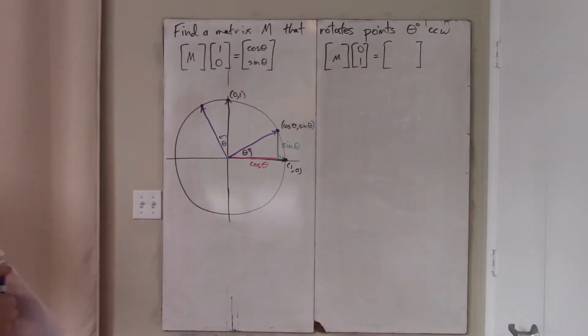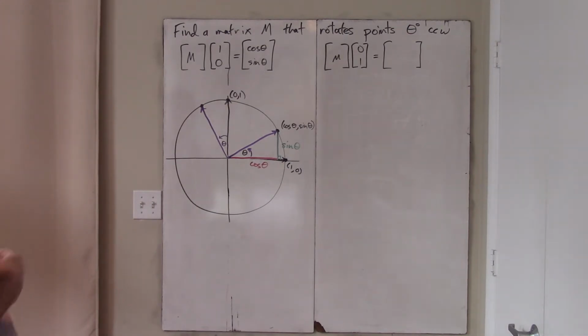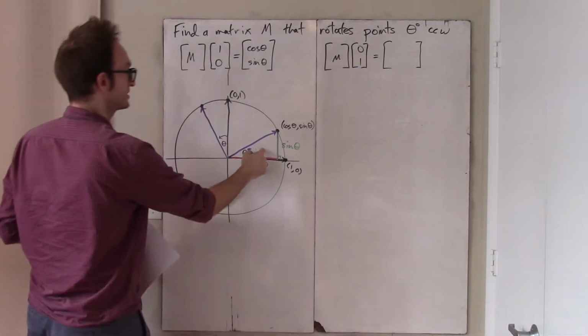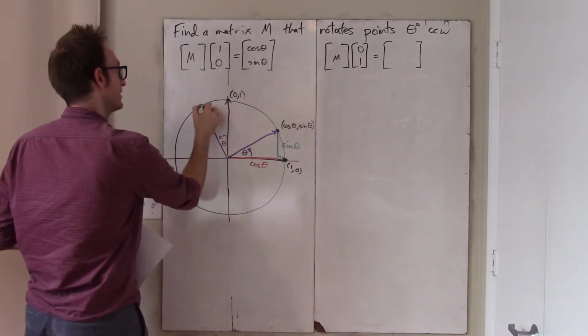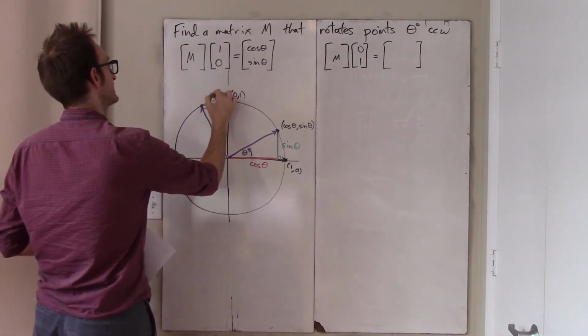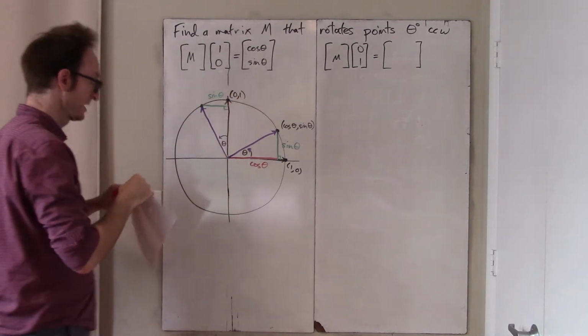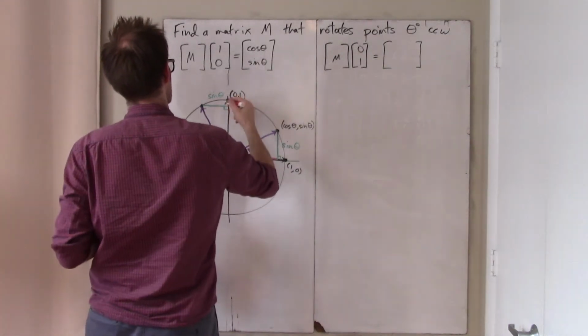And then the casual way to finish this off is to just figure out what the coordinates of that point are using common sense. The common sense way to do it would be to use geometry and triangles and to say, well, these two triangles are congruent, of course, and so this green here is sine theta, the length of it is, and this red here is cosine theta.